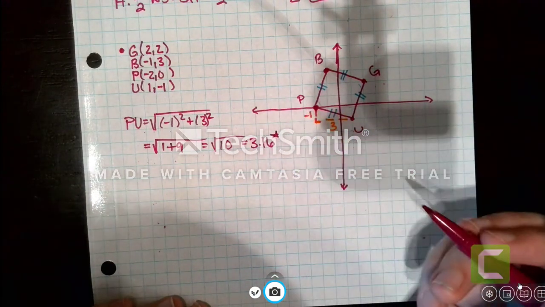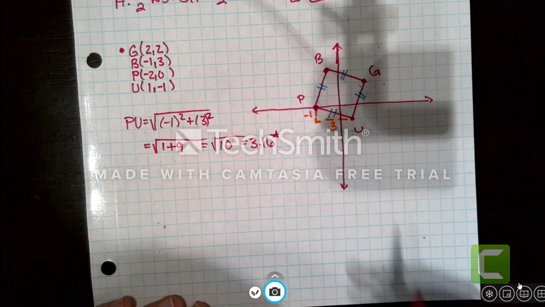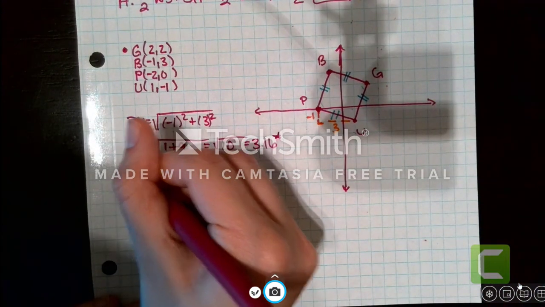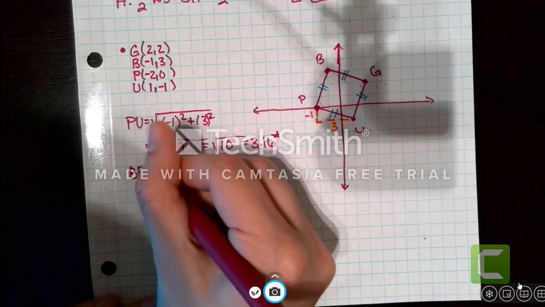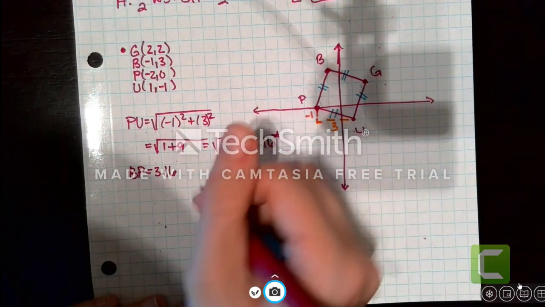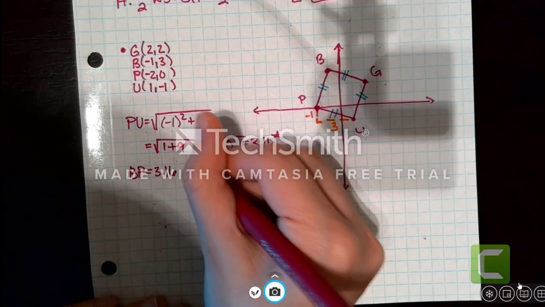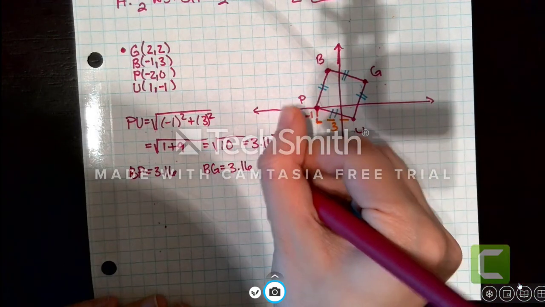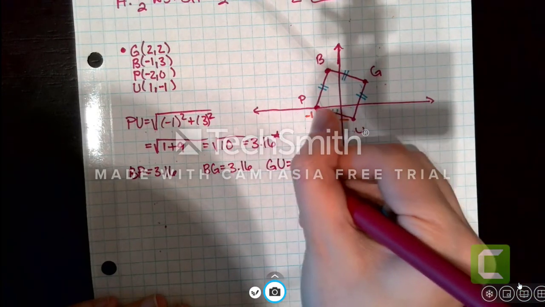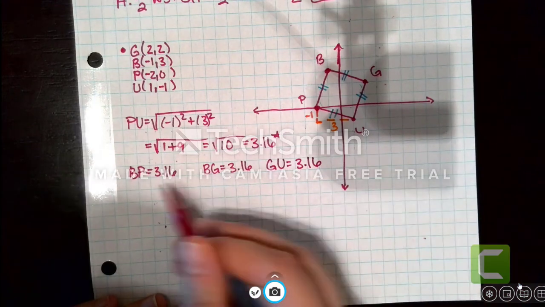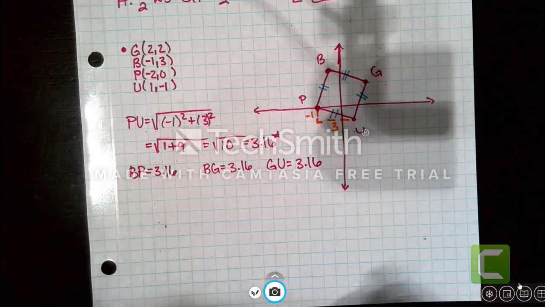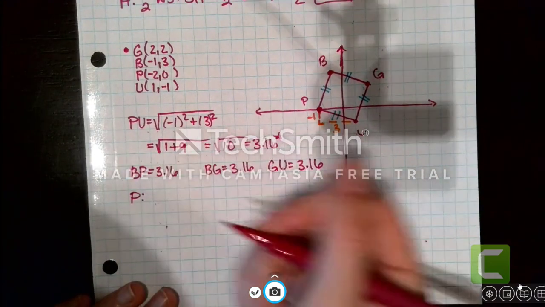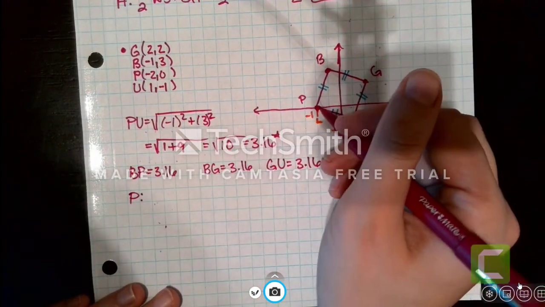This is important though. You're done with finding distances, because if PU measures to 3.16, that means that BP is equal to 3.16. That means that BG is equal to 3.16, and that means that GU is equal to about 3.16. All sides should be equal to each other. So let's start finding our perimeter. The perimeter is all sides added together.